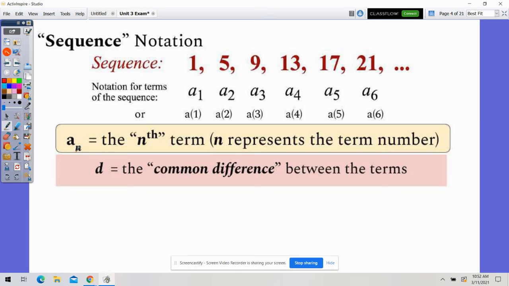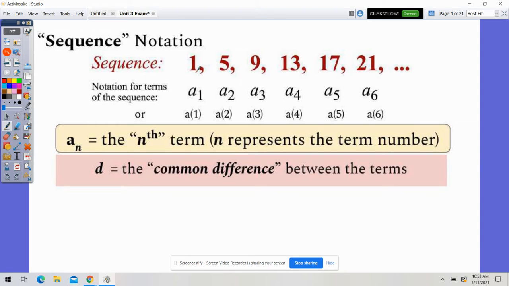Okay, next we're moving on to sequence notation. So here we have the following sequence: 1, 5, 9, 13, 17, 21. Each number in the sequence is labeled as either A1, A2, A3, and so on. This tells you the place of that value in the sequence.